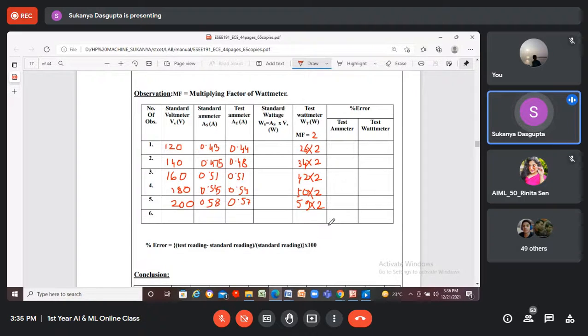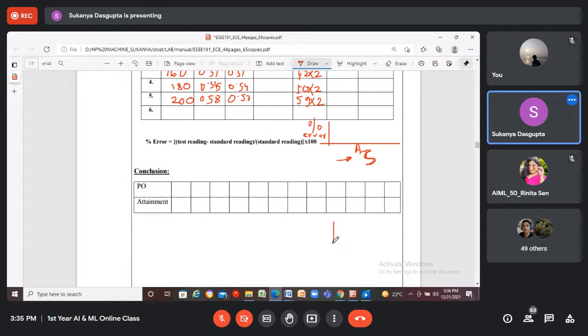After that, you will draw the graph of percentage error on millimeter graph paper: percentage error versus the standard ammeter reading, and then percentage error versus WS, the standard wattmeter.